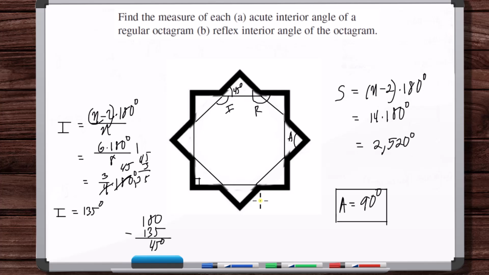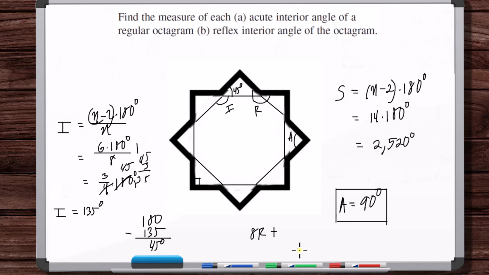Okay, but now we can use the formula. We can say, okay, how many reflex angles are there? 1, 2, 3, 4, 5, 6, 7, 8. So 8 reflex angles, plus there should be 8 acute angles. 1, 2, 3, 4, 5, 6, 7, okay?